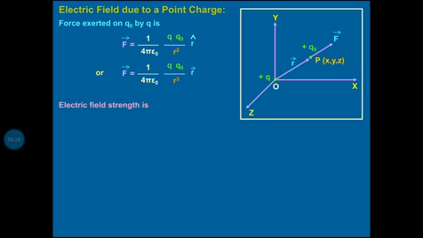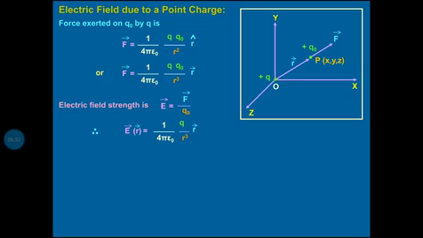So what is the electric field strength? That is E vector equals F by Q0. If we take the test charge Q0 as unity, that is 1 Coulomb charge, then E vector and F vector are equal.